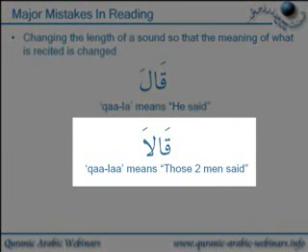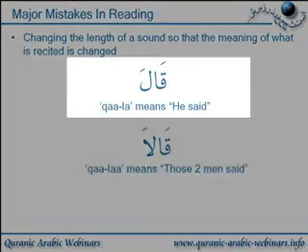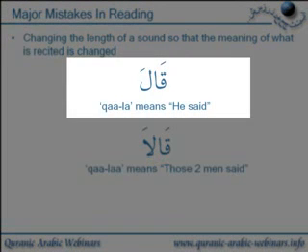Now let's look at another word. So this is Qa La. Both of those are two long. They're both Fatha Alifs. Now that means those two men said. Now if we go back to the first one, if you were to read that properly, it would be Qa La.